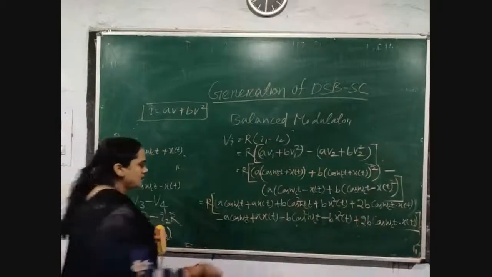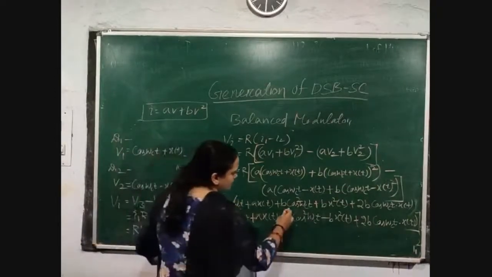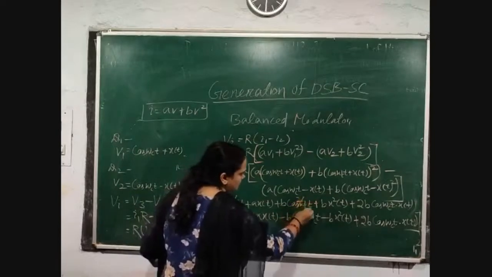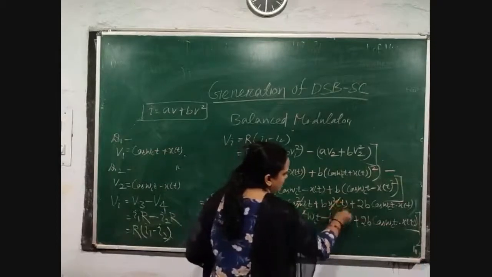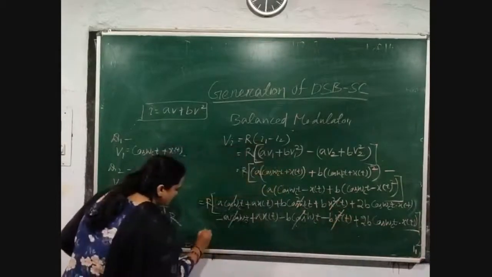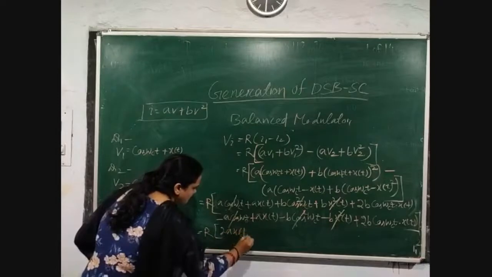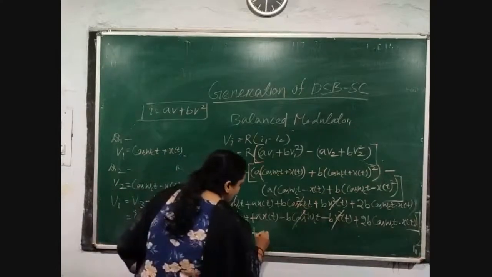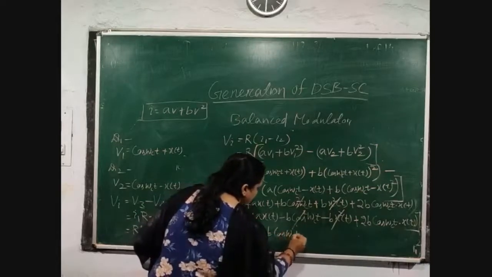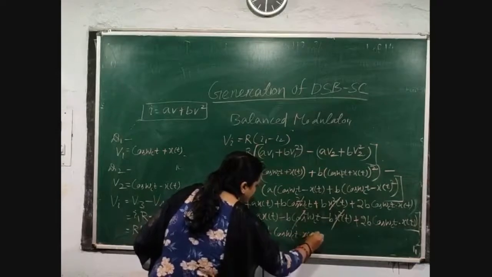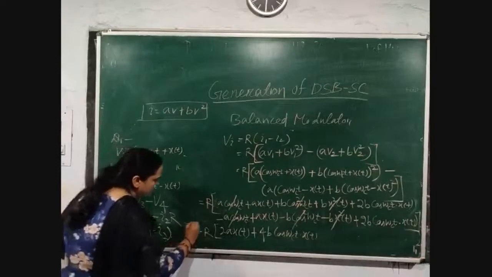Okay, then A cos omega ct cancelled out, then B cos square omega ct minus B cos square omega ct cancelled out, B x square of t cancelled out. So the remaining terms are 2A x of t plus 4B cos omega ct into x of t. So it is the net voltage at the output of the diodes.